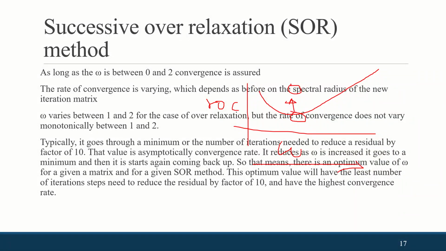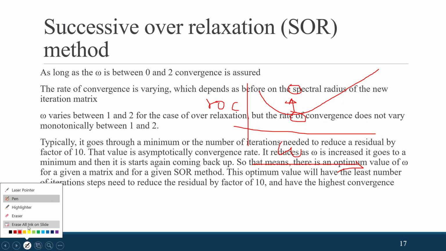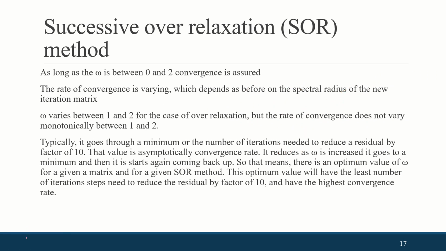No, it is decreasing. The rate of convergence decreases with increase in omega, and then afterwards it increases. It reduces as omega is increased and it goes to a minimum, and then it starts coming back.